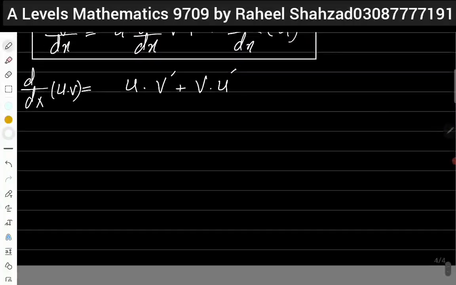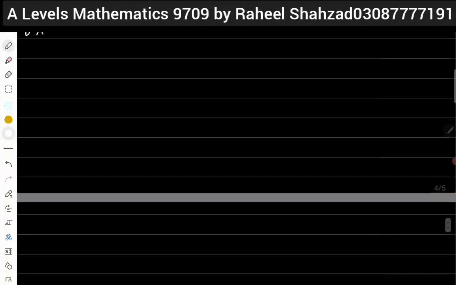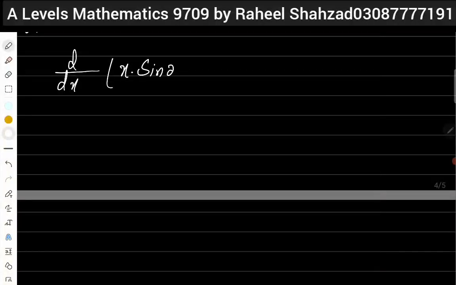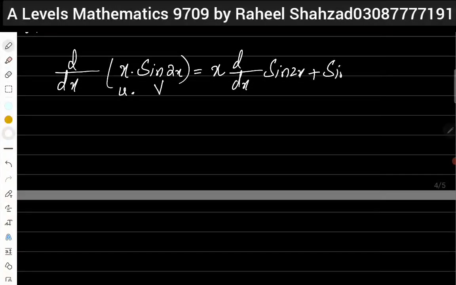x sin 2x. We have to differentiate x into sin of 2x. Now x is u and sin 2x is v. So first function as it is times the derivative of the second, derivative of sin 2x, plus sin 2x as it is times the derivative of the first function.